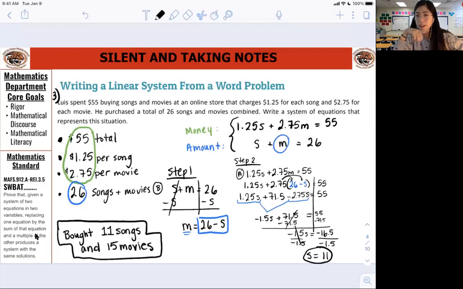On the EOC at the end of the year in May, because the EOC is a little bit different than your topic tests, you might see a question where you fill in the answer. So you might see just a blank space where you have to put 11 and then 15. Oh, we add it to a sentence. Yeah, basically.